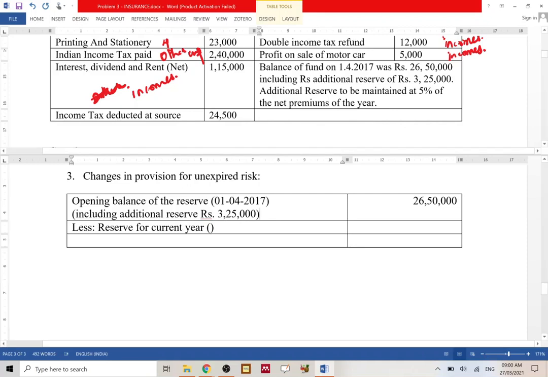Okay, now next we have to deduct what is the reserve for the current year, that is as of 31st March 2018. Now in this problem we are not directly given how much is that reserve, we are needed to calculate. So they are saying that additional reserve is to be maintained at 5% of the net premiums of the year.